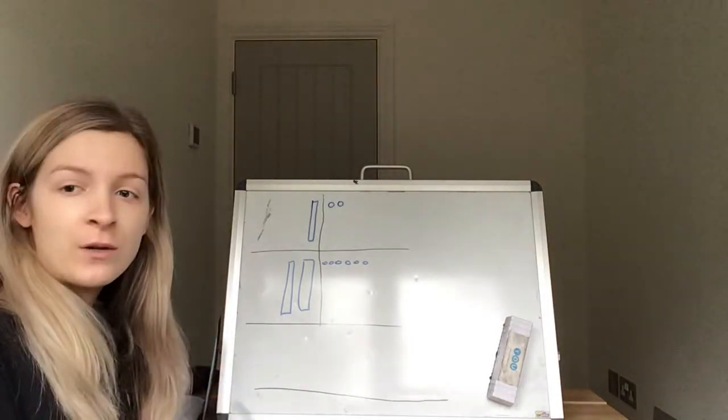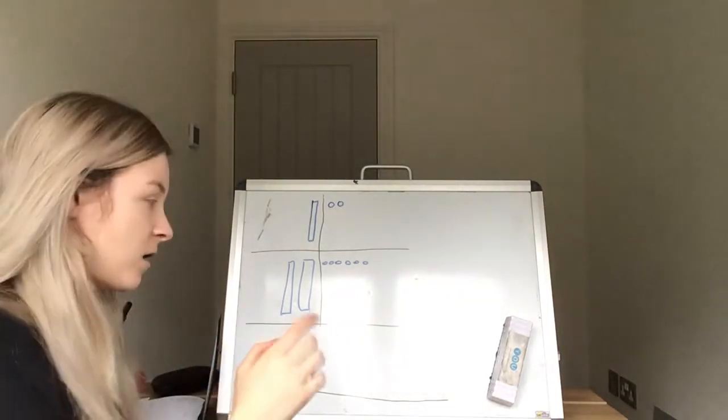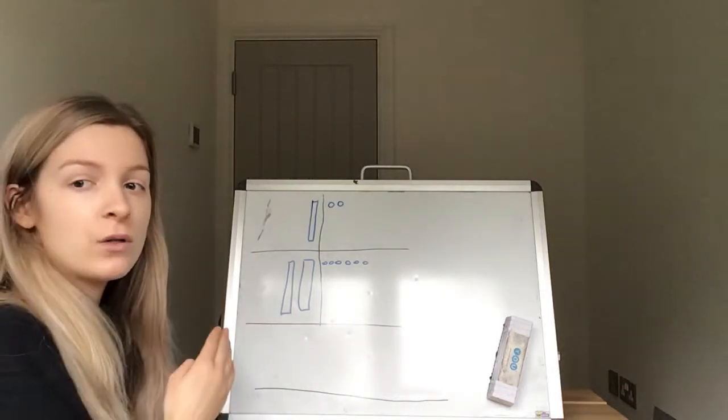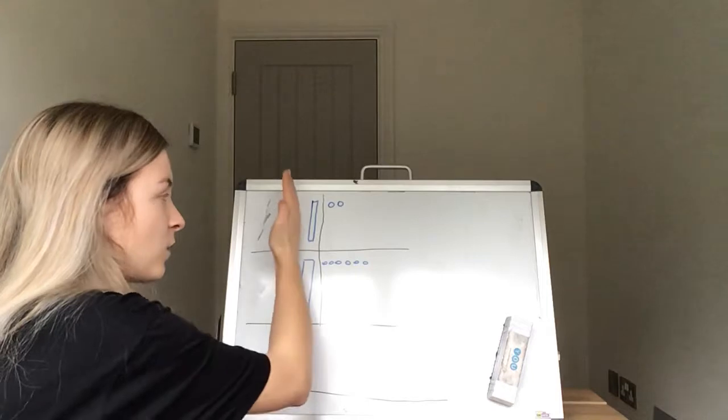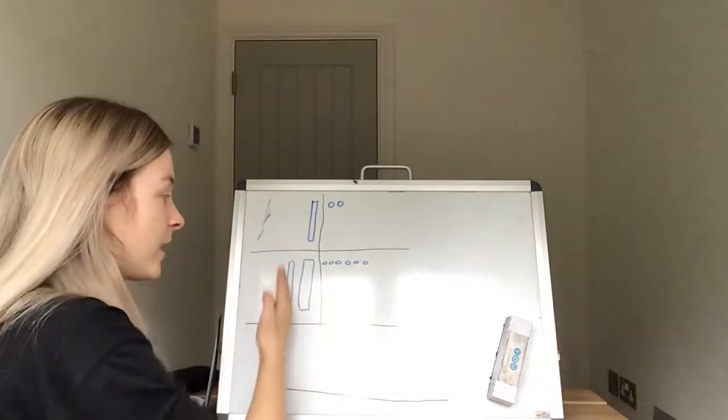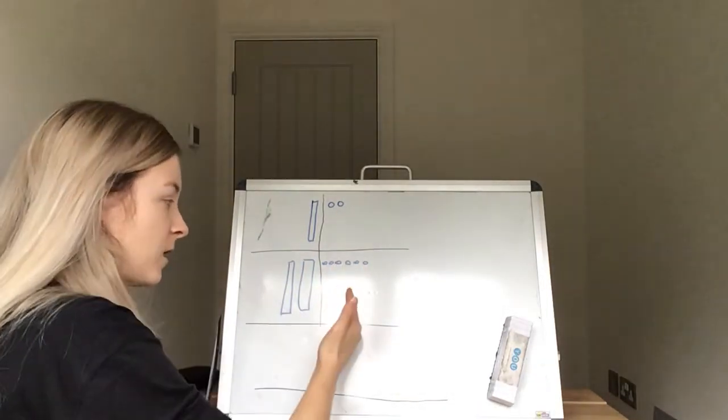What I'm hoping you notice is that these are being added together, of course, and I have laid out my Deans so that the tens are lined up and the ones are lined up.